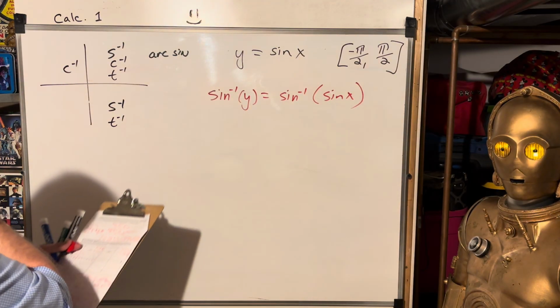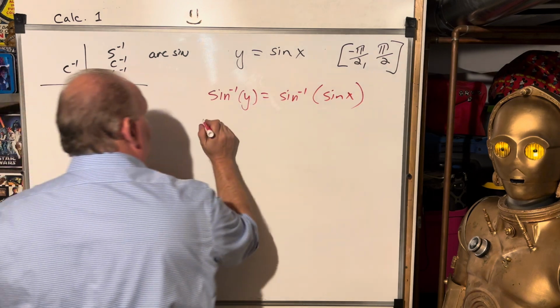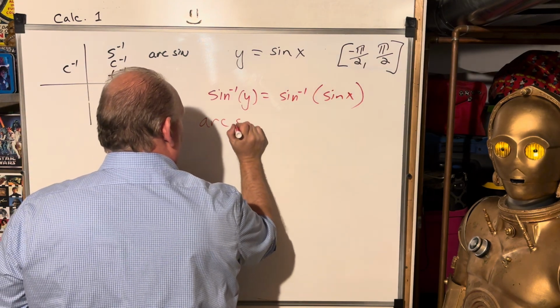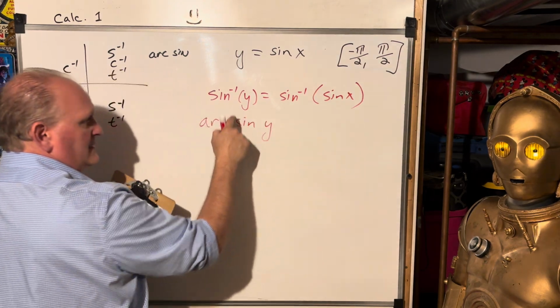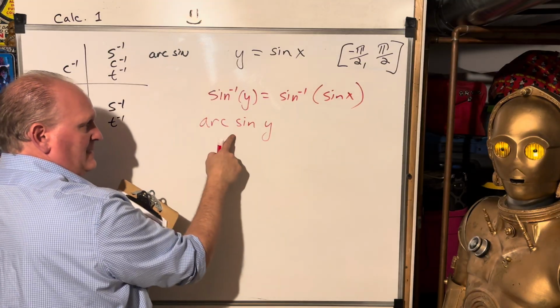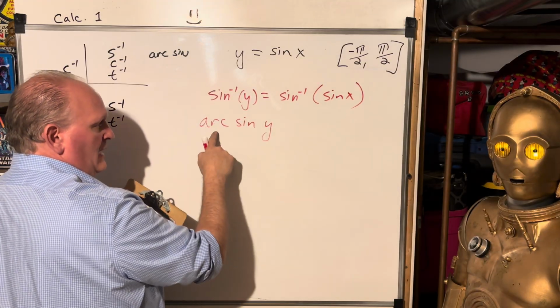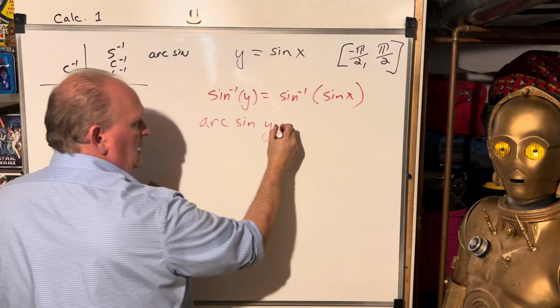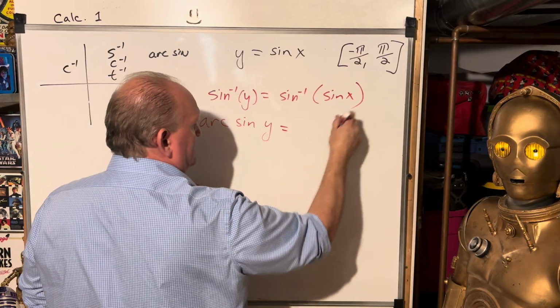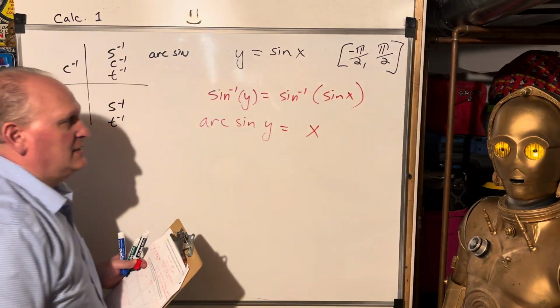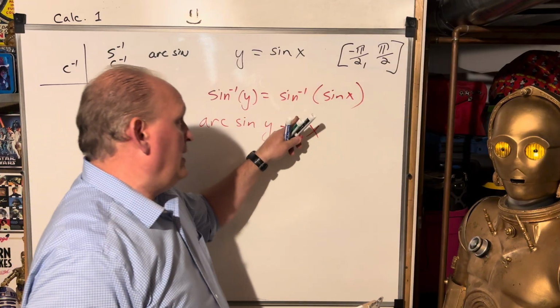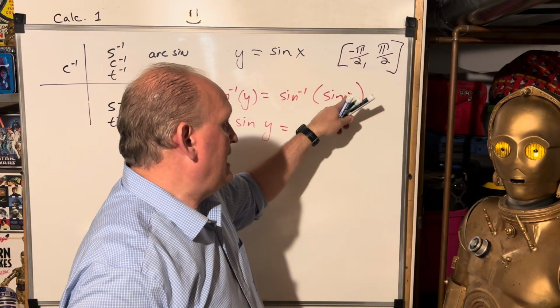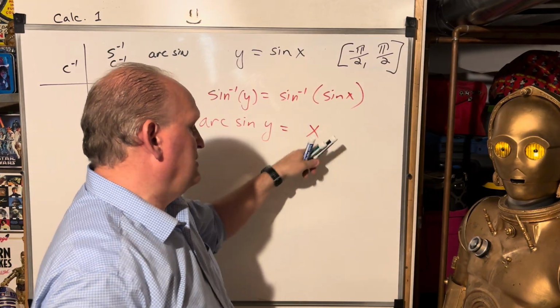And so we end up with the arc sine of y. That is a different way of writing it. This is the exact same thing. You can write sine -1 y or arc sine y. And then the arc sine of the sine of x would just be x. Because you're asking what angle gives you the sine of this, and so it's just going to be back to x.